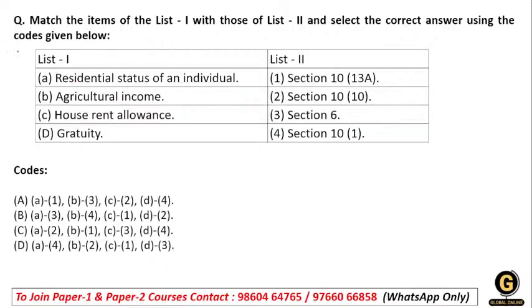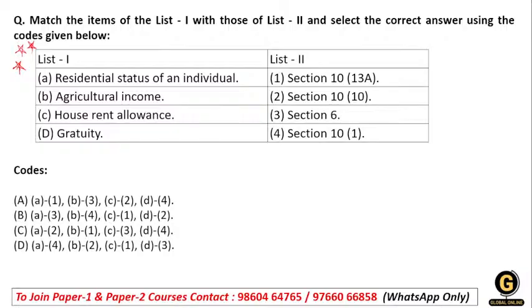This is a most important question, because when I analyzed the question papers of the last 12 years, I found that they ask at least one question of this kind in each paper.